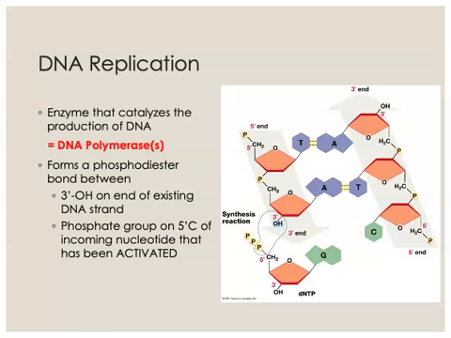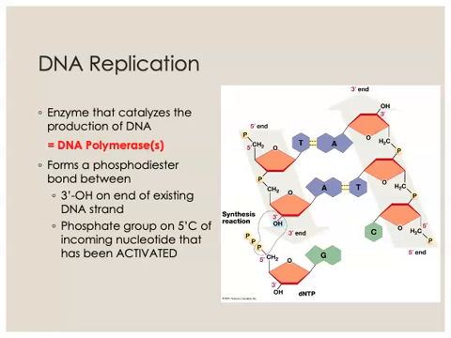The enzyme that catalyzes this, the enzyme that does this work of bringing in nucleotides one at a time and pairing them up in a complementary manner with the old DNA, that enzyme is DNA polymerase.